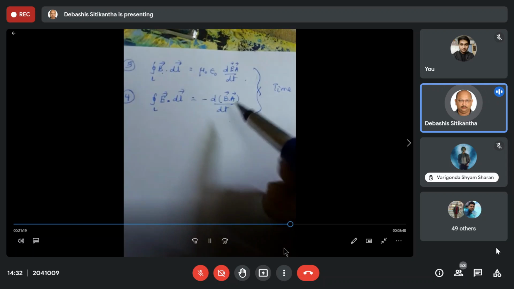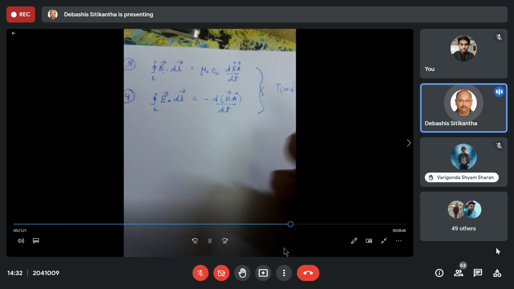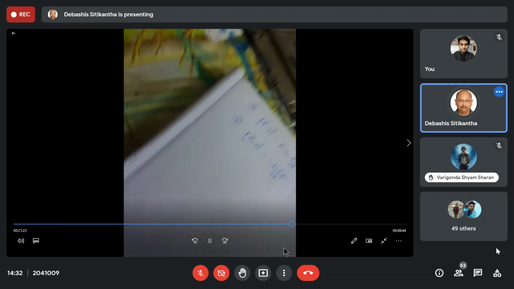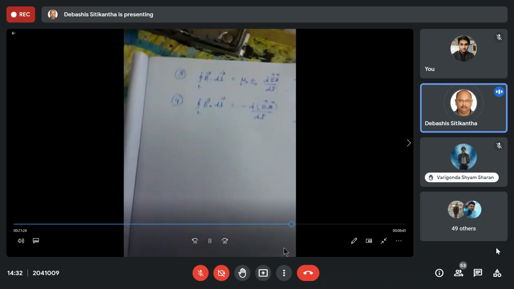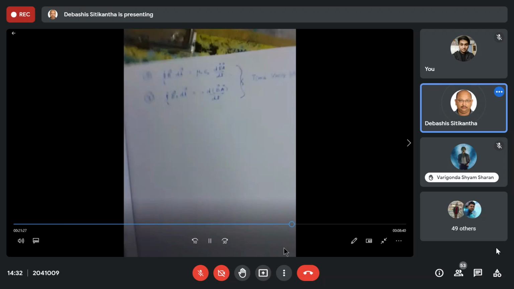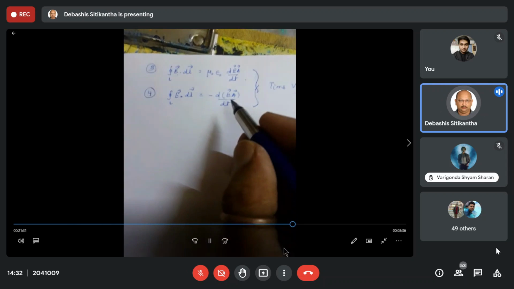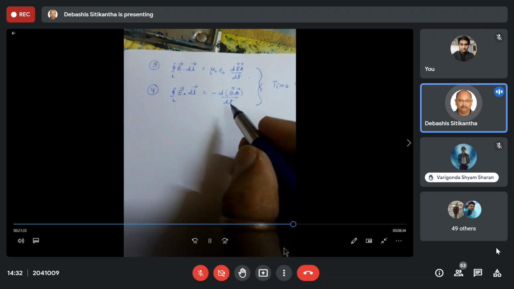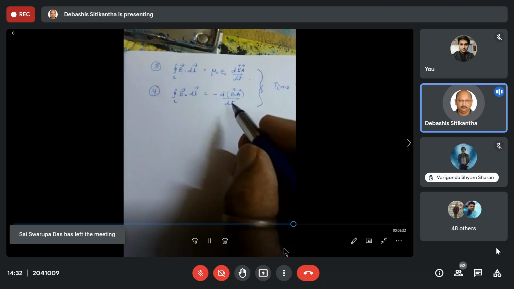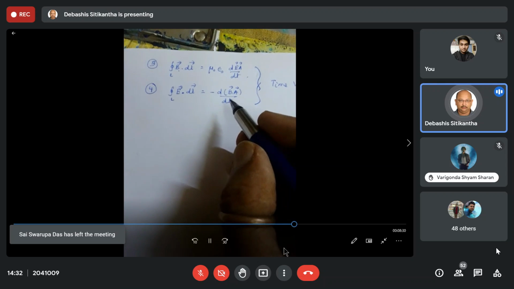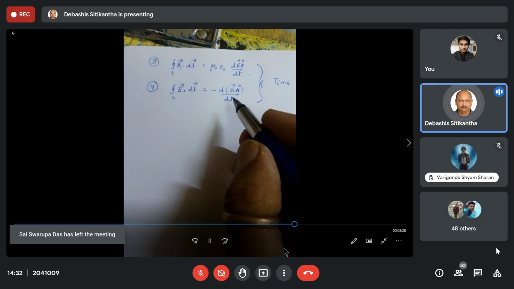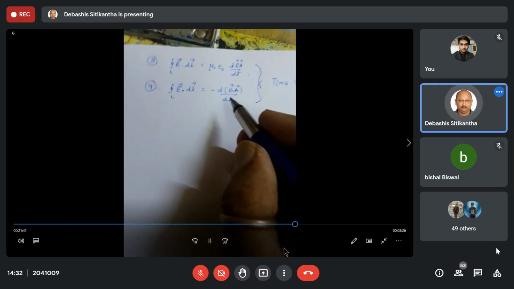Similarly, in this equation B is changing with respect to time, so it is not a magnetostatic field; rather we call it a time varying magnetic field.